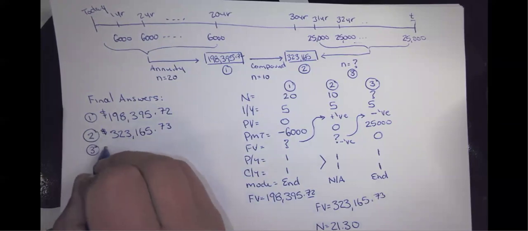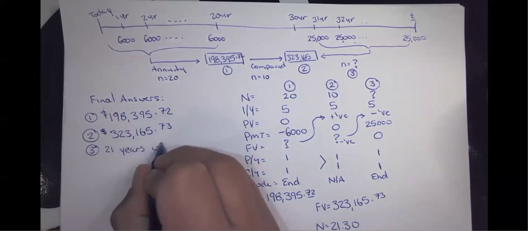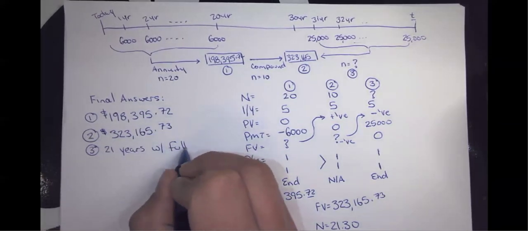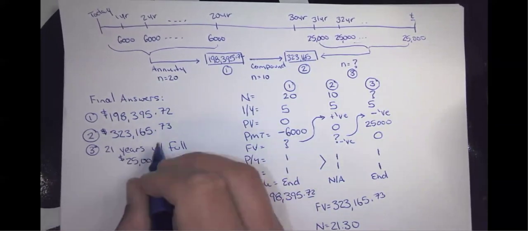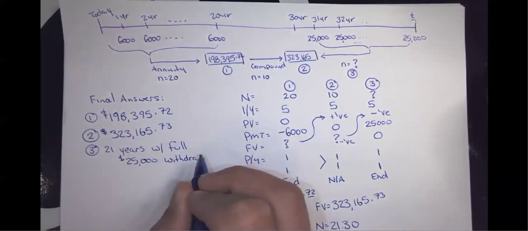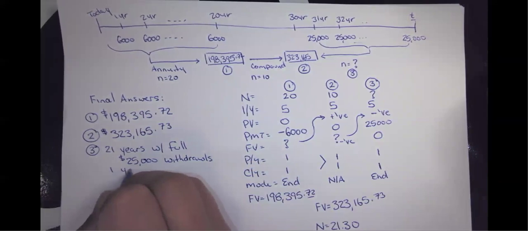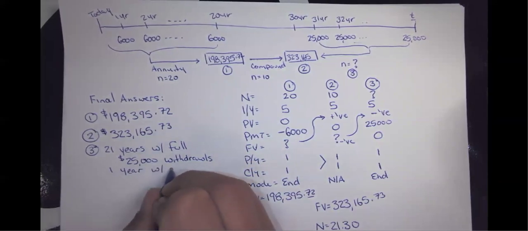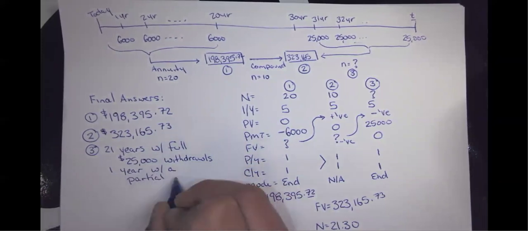So she'll be able to take 21 years with full $25,000 withdrawals, and she'll be able to take 1 year with a partial withdrawal.